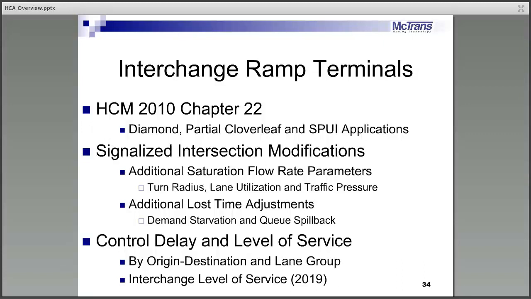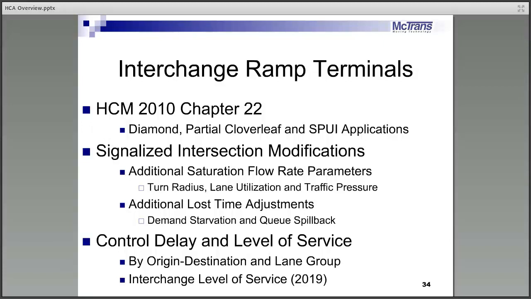Turn radius is a better estimate of saturation flow adjustment than just lefts and rights. In the training course, we dig into that enough to illustrate those things. You see additional lost time for a couple of situations that kind of need pictures to explain.